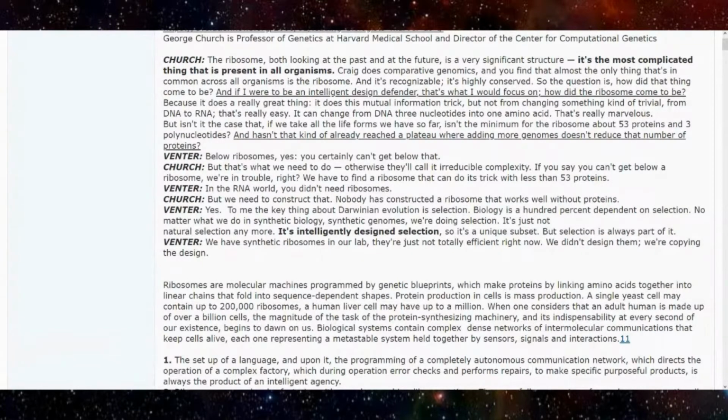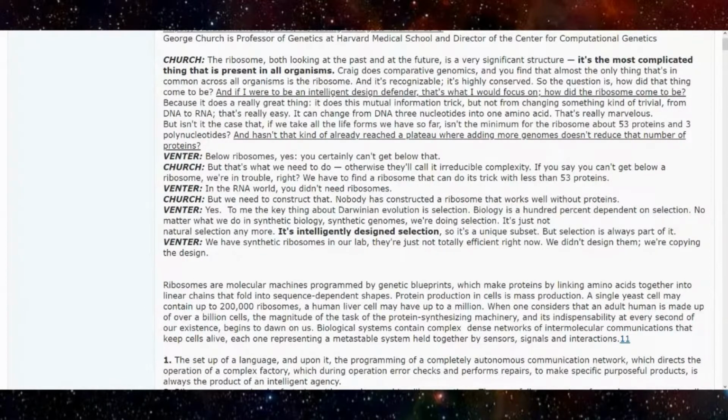And so the question is, how did that thing come to be? And if I were to be an intelligent design defender, that's what I would focus on. How did the ribosome come to be? Because it does a really great thing. It does this mutual information trick, but not from changing something kind of trivial from DNA to RNA. That's really easy. It can change from DNA 3 nucleotides into 1 amino acid.